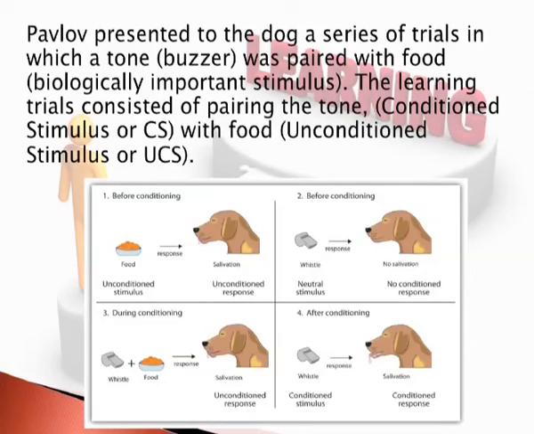Pavlov presented the dog a series of trials in which a tone, a buzzer, was paired with food, a biologically important stimulus. The learning trials consisted of pairing the tone, the conditioned stimulus or CS, with food, the unconditioned stimulus or UCS.